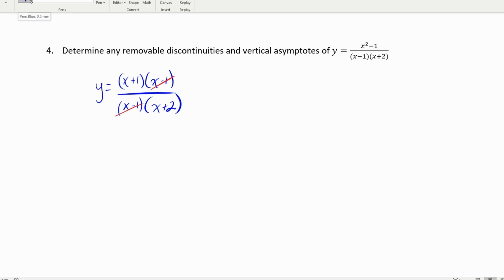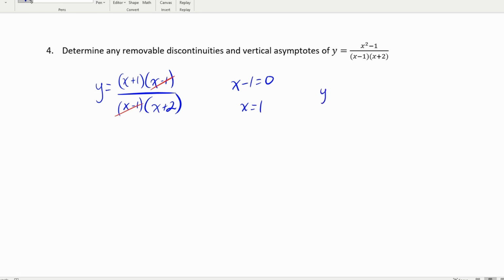What I want to do with that is set it equal to 0. So x minus 1 equals 0. And what I'm doing with this is it's going to give me removable discontinuities. So x equals 1. But it's not an equation for a removable discontinuity. What you're looking for is a point of removable discontinuity, a hole in the graph. So what we're going to do with this 1 is substitute it back into this function with the x minus 1s taken out.